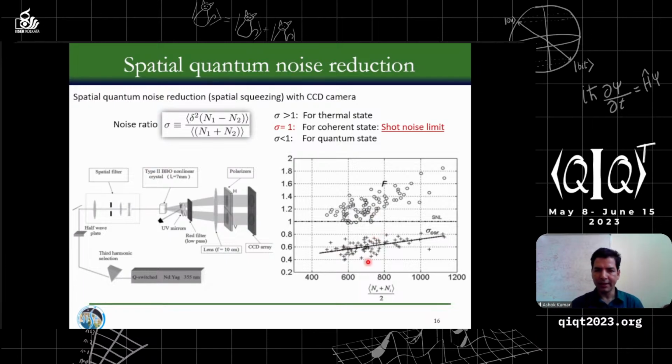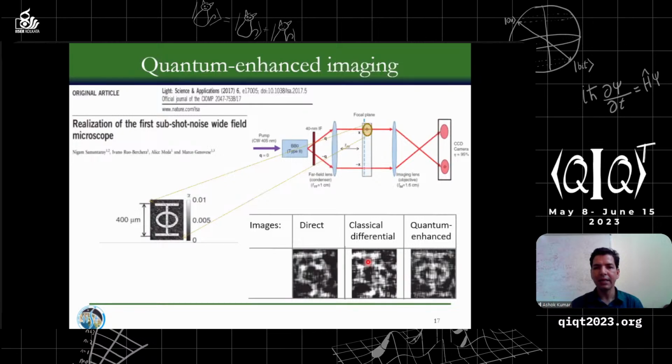Moreover, this is just a demonstration, but very recently the same group has demonstrated that this kind of noise reduction can be implemented in a quantum imaging scenario, where you place one object in one path of your beam, and then you image it using an imaging lens on an EMCCD camera.